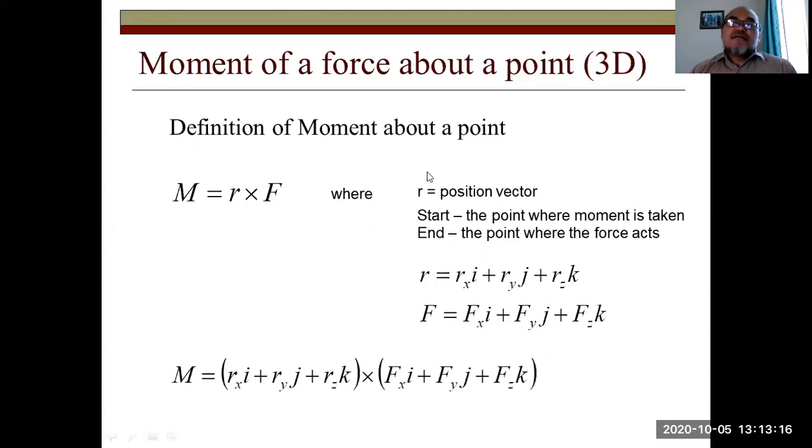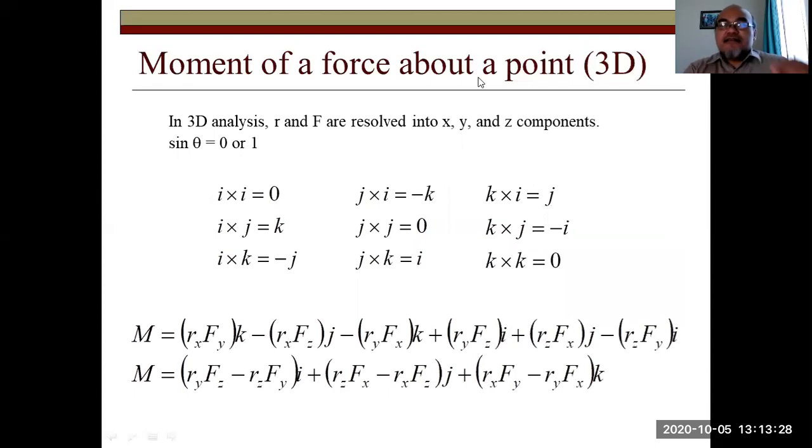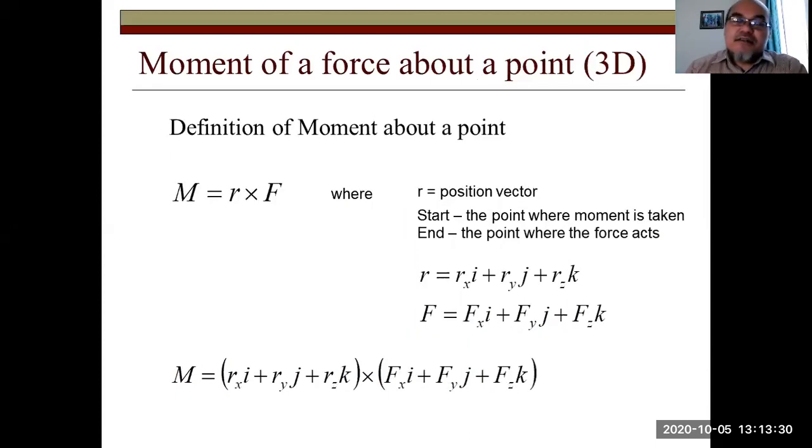So in the definition of moment about a point, the beginning point of the position vector R starts from that point, the point in question here. The end of the position vector R will be where the force acts. You can take either the beginning point of the force or the end point of the force, as we will see later.